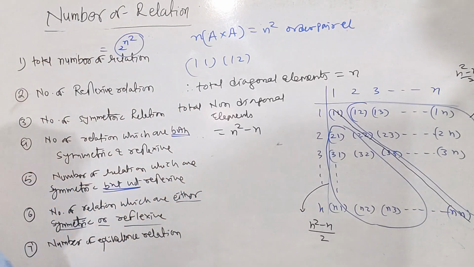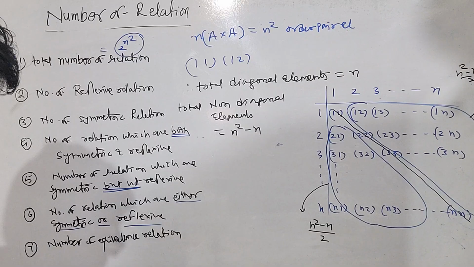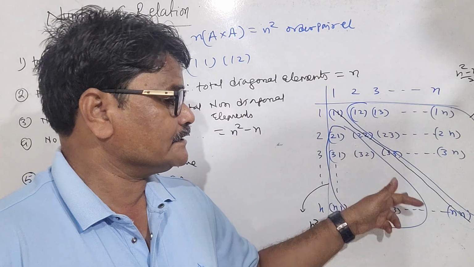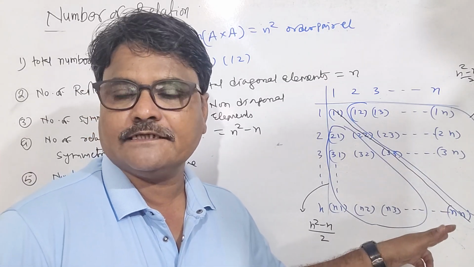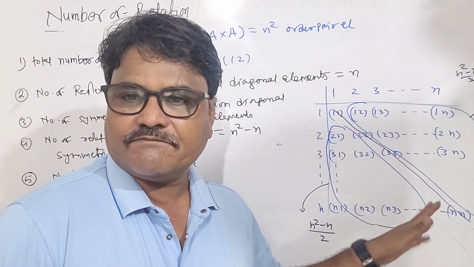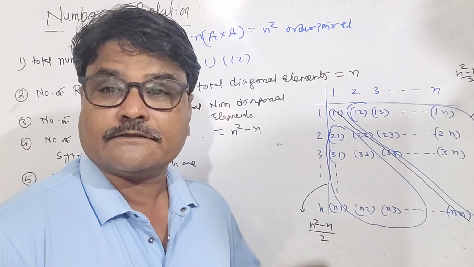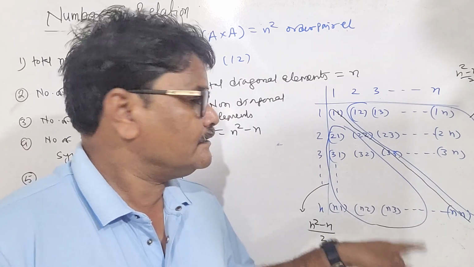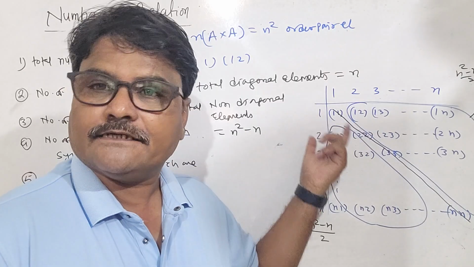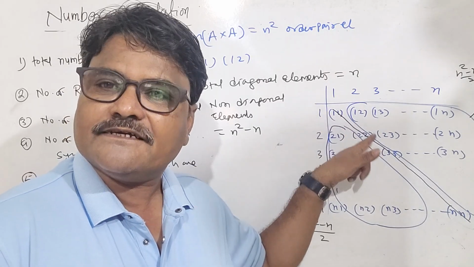Okay, fine. Now we have to find out the number of reflexive relations. For a reflexive relation, it means that 1 1, 2 2, 3 3, 4 4 up to n n have to be present there. Only then can we say that the relation is a reflexive relation, otherwise not. But apart from these 1 1, 2 2, 3 3, this 1 2 can be there, it can be not there.